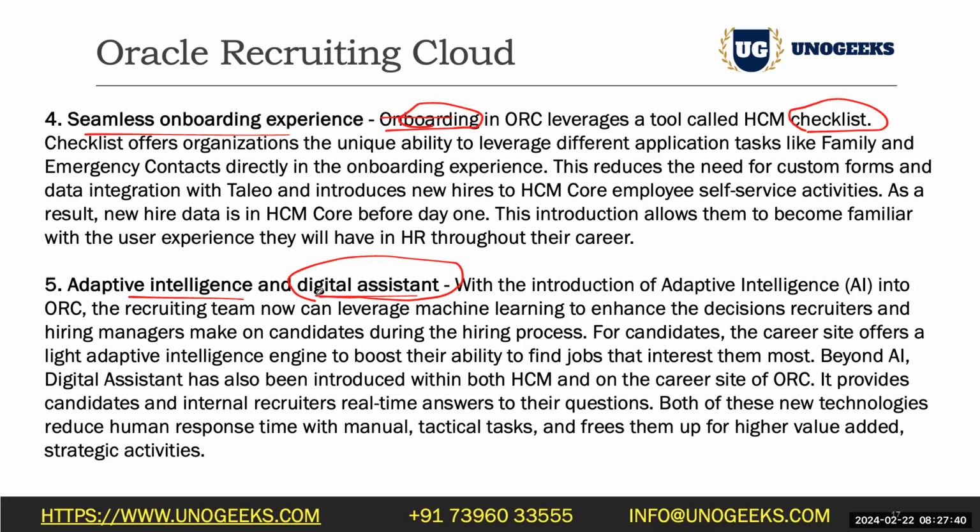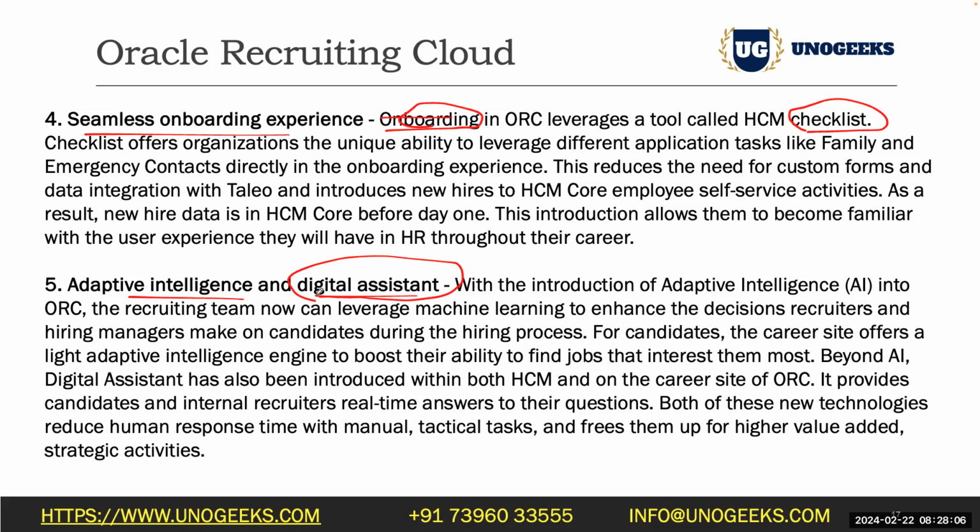There, the candidates can ask questions like, is there any opening for Java developer? And then the chatbot will show all the requisitions which have the keyword Java developer. If the candidate further drills down, is there any Java developer opening in Bangalore, India? Then the bot will find all the requisitions with the keyword Java developer and the posting location as Bangalore, India.